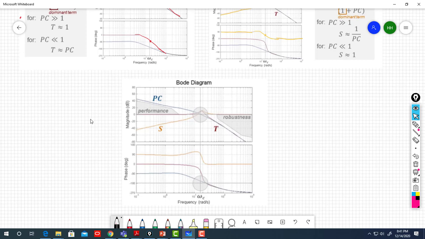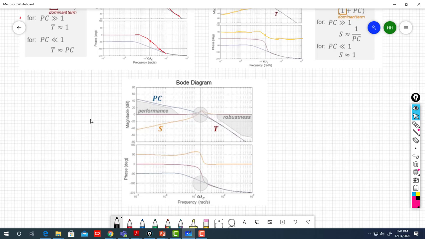You need to have a magnitude above 0 decibel, so that you have good tracking. We know that if we have an integrator, meaning at low frequency infinite gain, you have 0 steady state error, meaning very good tracking.